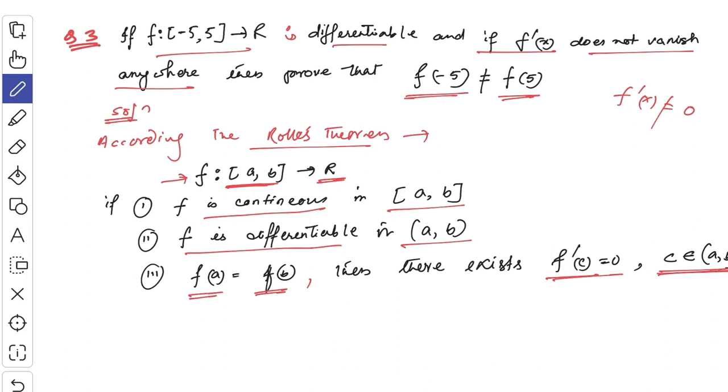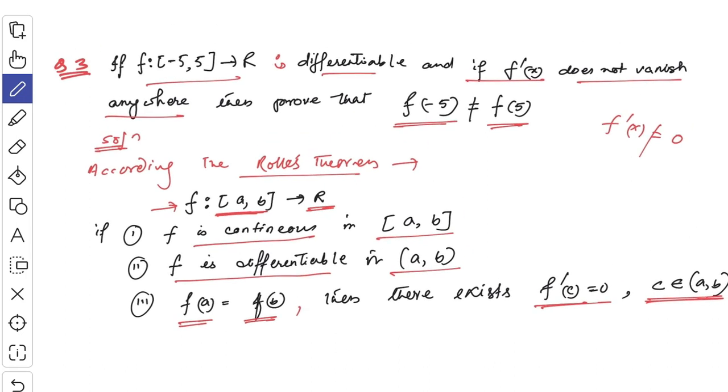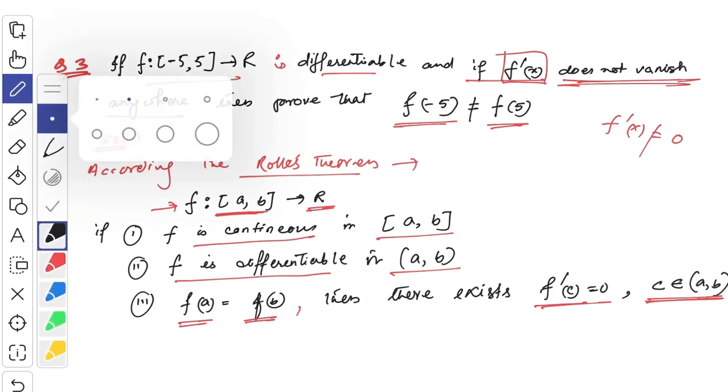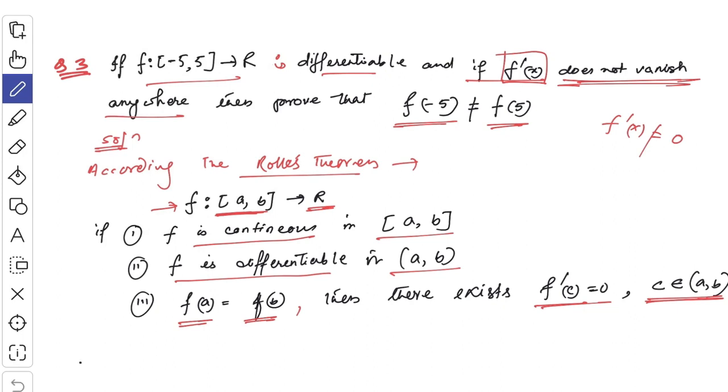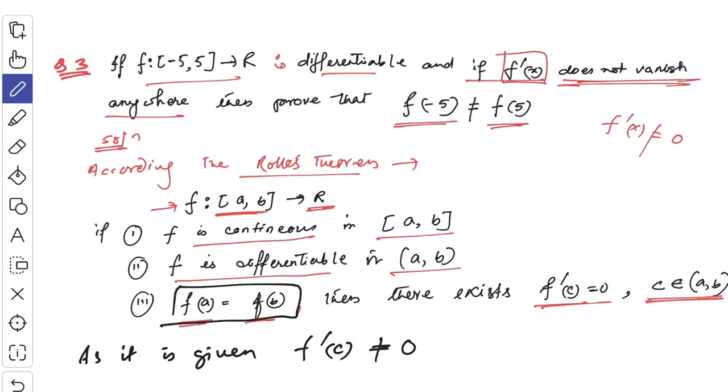So here in the question it is given that f dash x doesn't vanish. That means, so it is given in the question that, let me make it bold, as it is given f dash c is not equal to 0, then by Rolle's theorem this condition should not be satisfied. So f of a should not be equal to f of b.